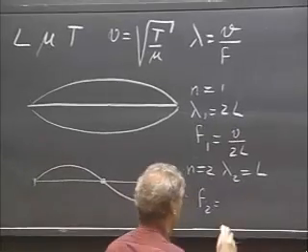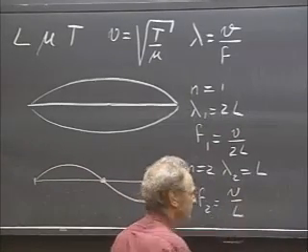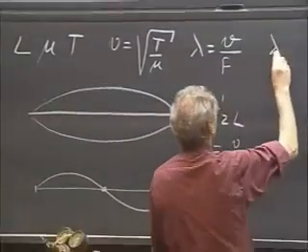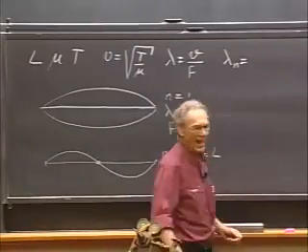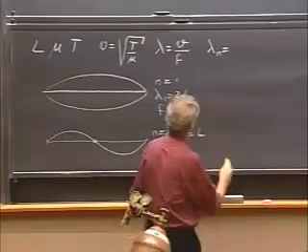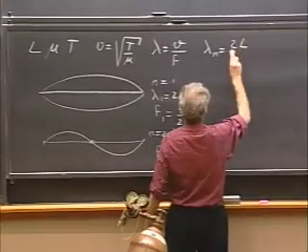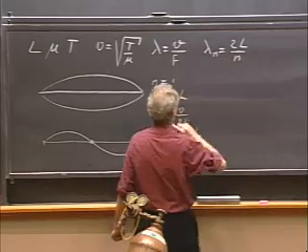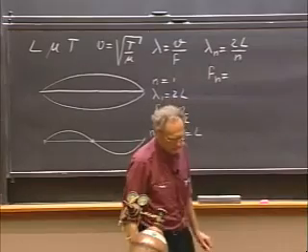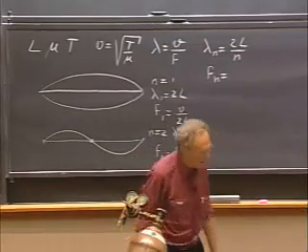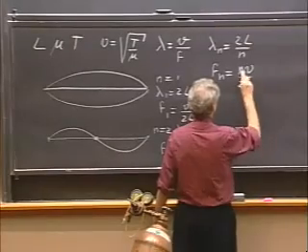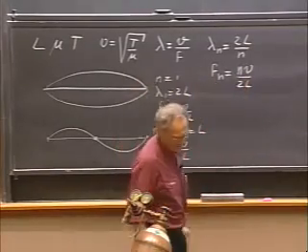So that becomes V divided by L. And so we can write down the general equation for the nth mode, n being Nancy. Lambda n is 2L divided by n, and the frequency in the nth mode, that is the nth harmonic, is nV divided by 2L. And this V is given there.